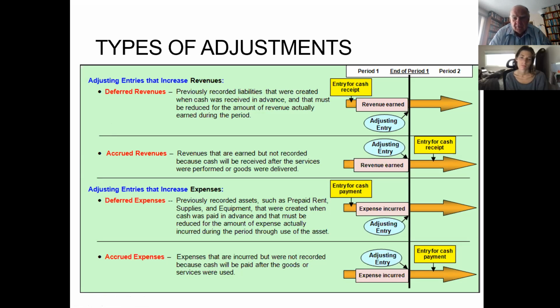In this case, no money has changed hands yet. No money involved in anything yet, but we have experienced the expense. We have used the telephone all month, but we don't have the telephone bill yet.